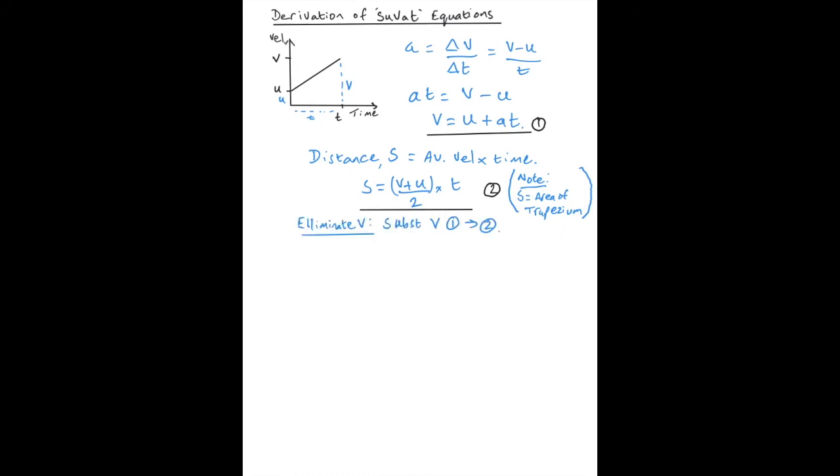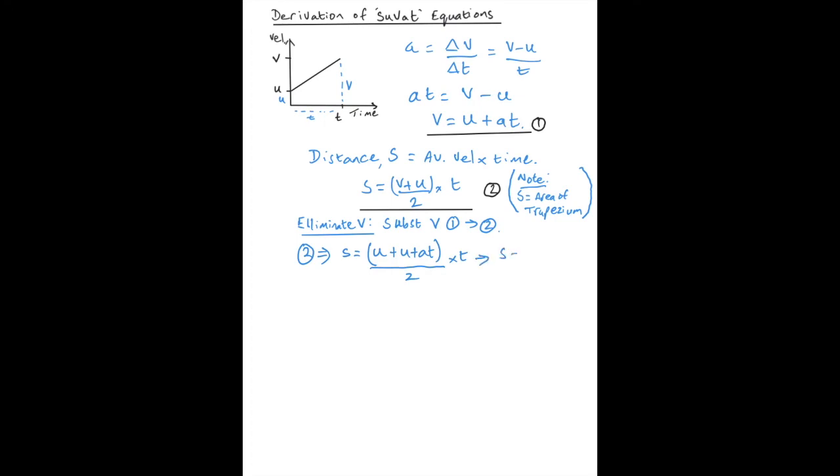We will now eliminate v from these equations by substituting v from equation 1 into equation 2. Equation 2 gives us that s is equal to u plus at, replacing the v, all divided by 2 and multiplied by t.